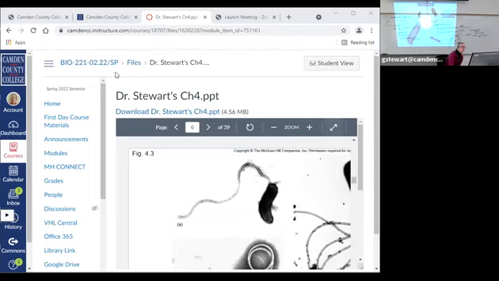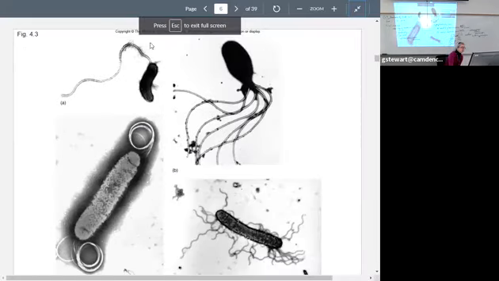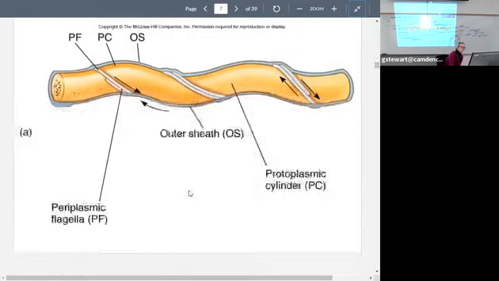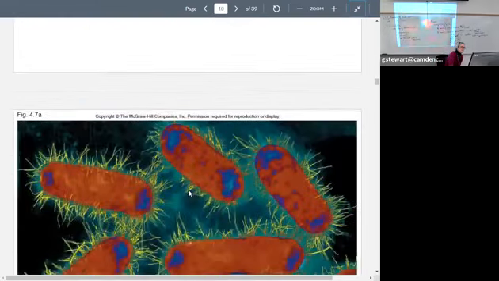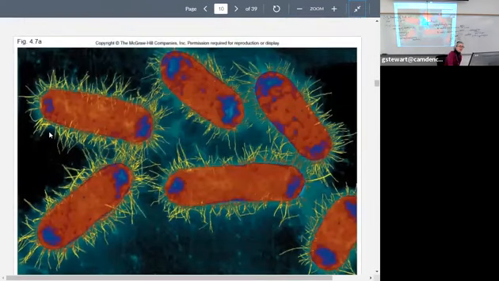So these are those different arrangements of flagella that we spoke about. This is with an electron micrograph, the electron microscope. So this is like the most, when we look at it under the bright field, it's not going to look like this. Okay, just be prepared. Those are some fimbriae that are stained with a fluorescent microscope.